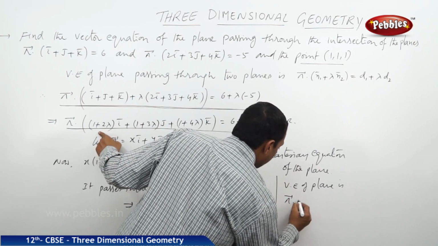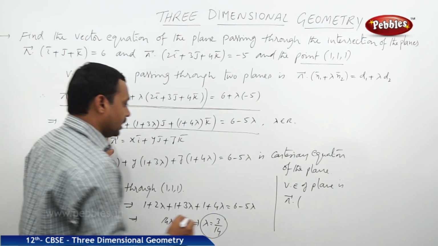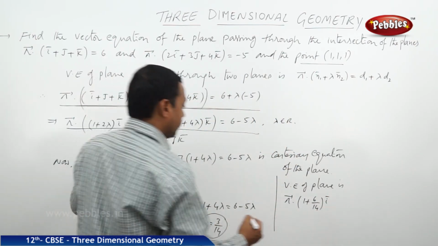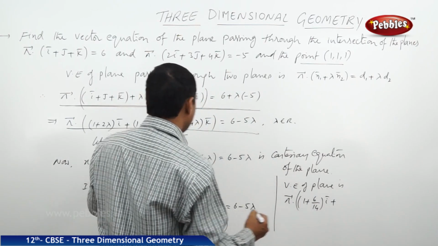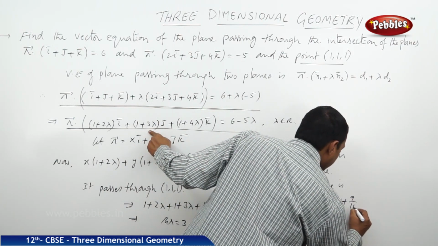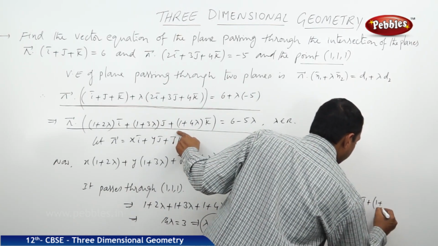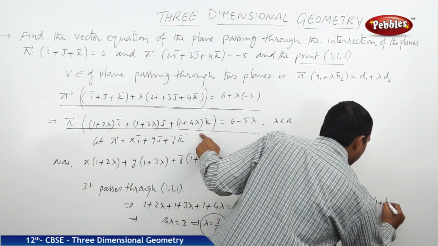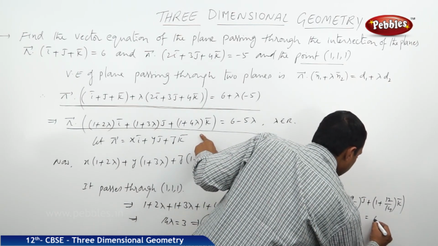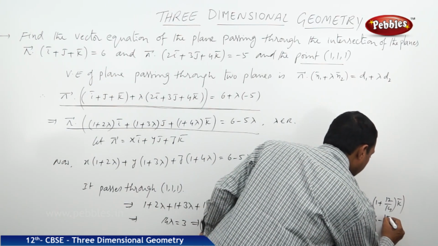Then it is r bar dot ((1 + 2 into 3, 6 by 14) into i vector + (1 + 3 into 3, 9 by 14) into j vector + (1 + 4 into 3, 12 by 14) into k vector) is equal to 6 minus 5 into 3, 15 by 14.